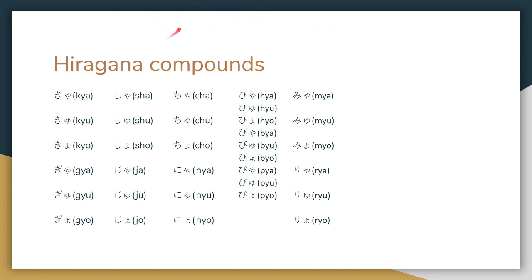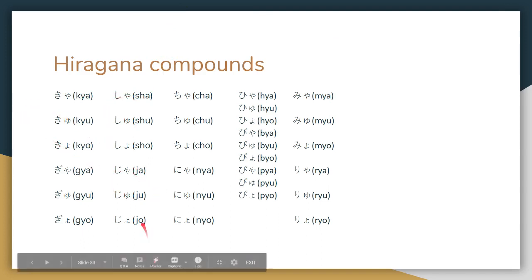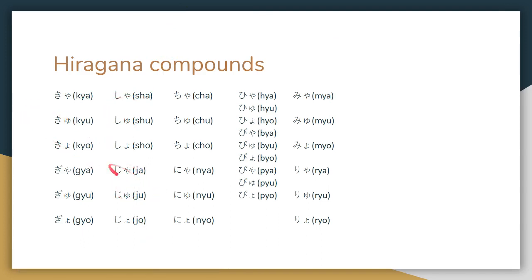So the shi is the reason why it's not shiya, it's just sha. Same thing for ji and chi. Ta, chi, tsu, te, to. It's not ta, ti, tu, te, to. So the chi is irregular in its line, and therefore it's not chiya, it's just cha, chu, cho.